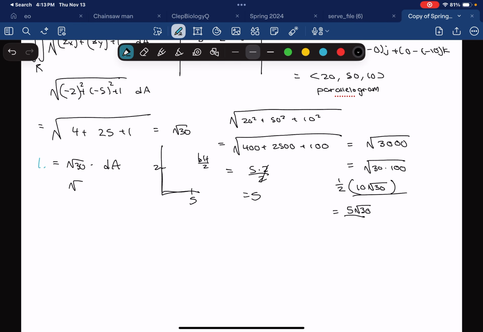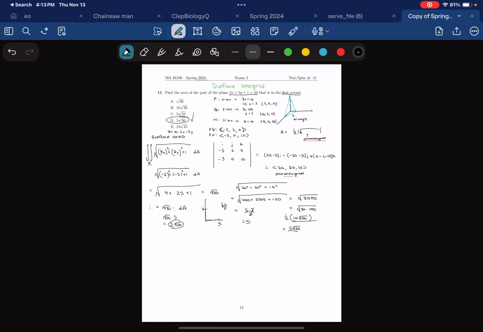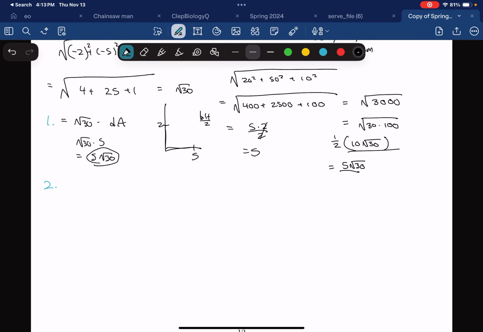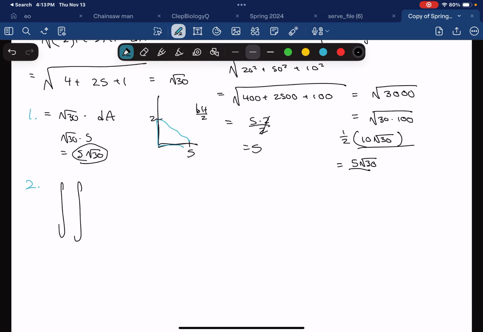So the square root of 30 times 5 gets you 5 square root of 30. In this case, this also produces the correct answer. But if you want to make your life even more complicated, what you can do is, instead of doing all that, you now take the double integral.